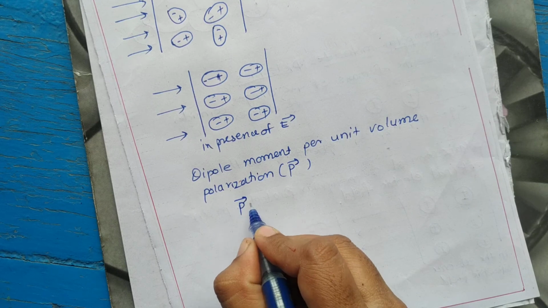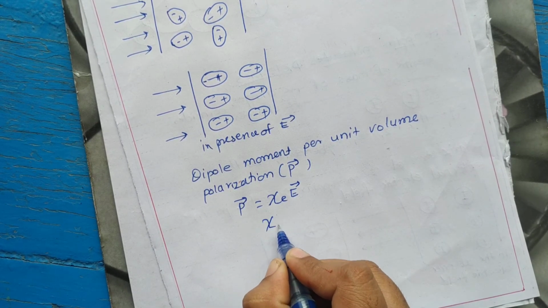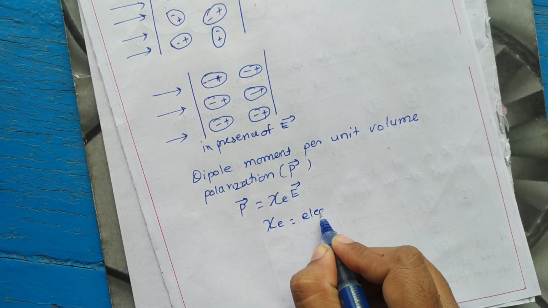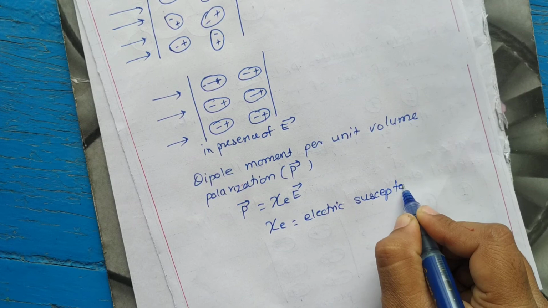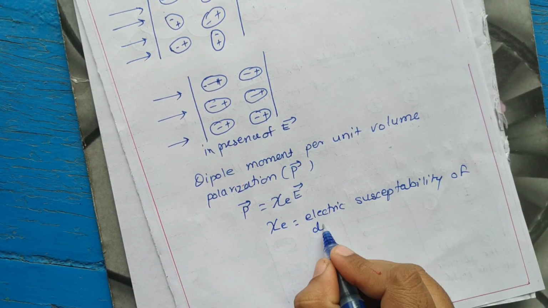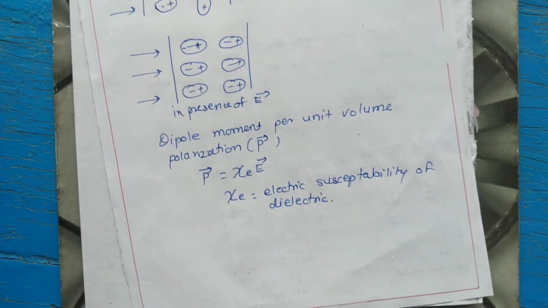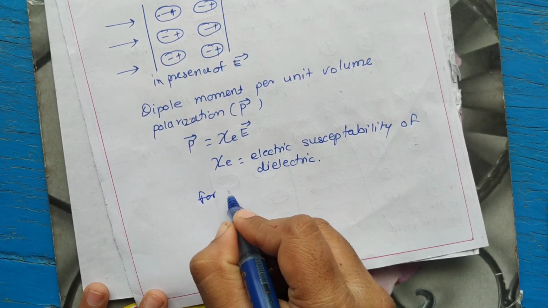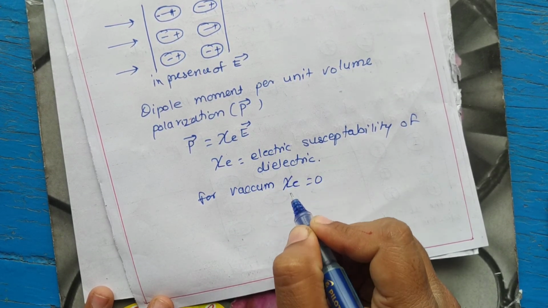And P bar is equal to chi E times E bar, where chi E is the electric susceptibility of the dielectric, and E bar is the external electric field. For vacuum, chi E is equal to 0.